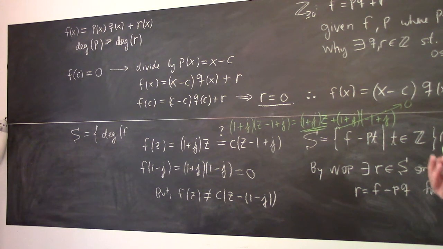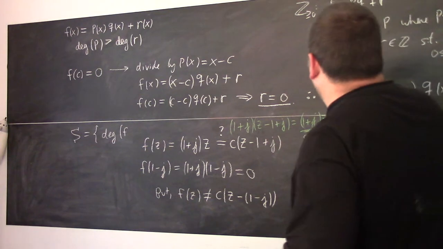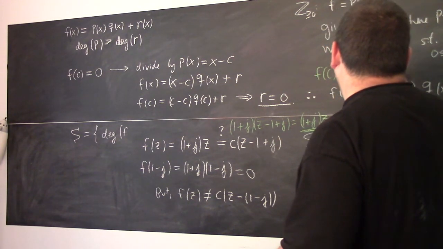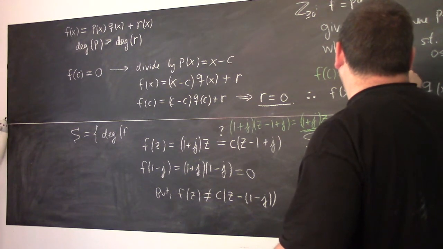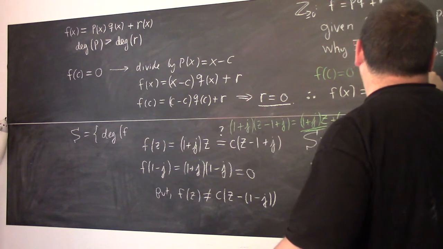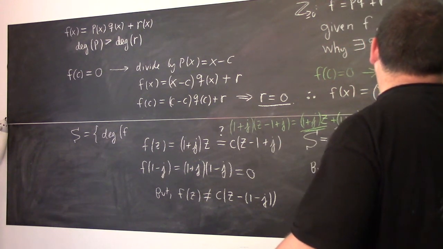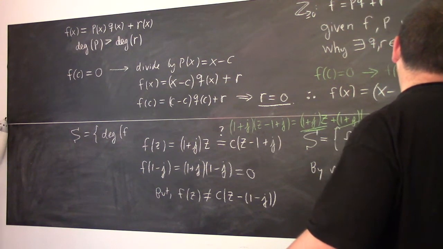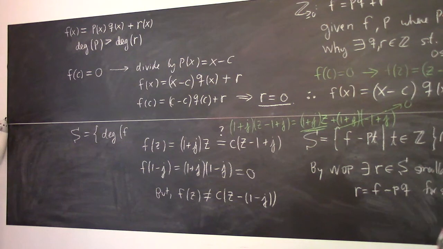And this is not a counterexample to the factor theorem, in the sense that f of c is equal to 0, and it did, in fact, imply that f of z is z minus c times something else, right?